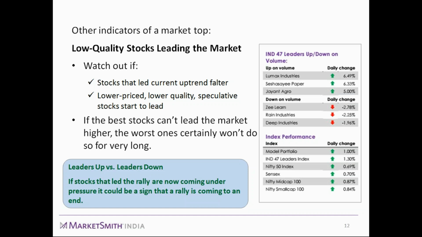So in such a case, without any institutional support for the stock and with these speculative investors meddling in the stock market, you see that the market rally would be coming to an end, and once the stock or the market starts falling, usually you see a top being formed.